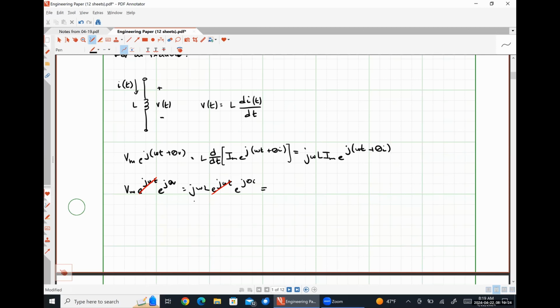I'm going to move this j inside my exponential function. So that's going to look like omega L times, oh, and I missed the Im there. Sorry about that. Let me sneak that in. Im e to the j theta I plus 90 degrees.